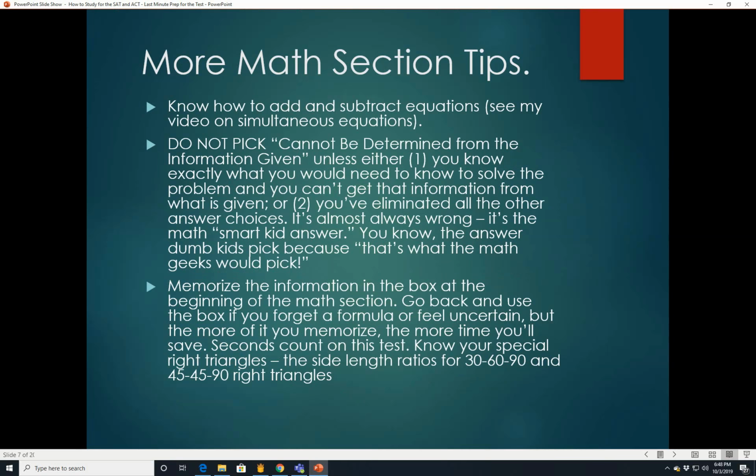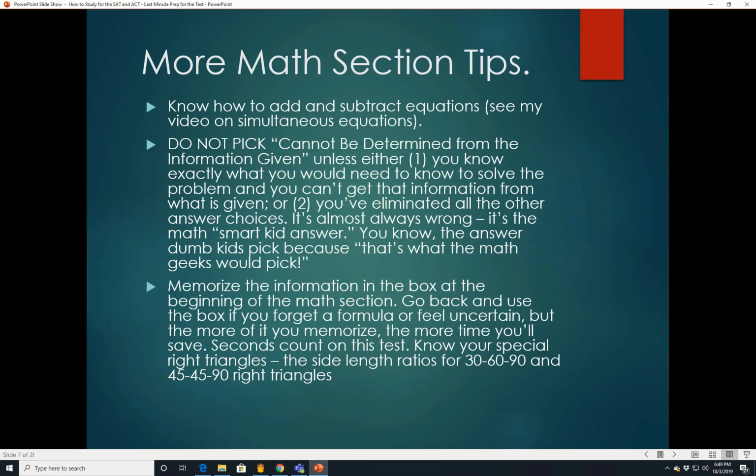More math section tips. Okay, know how to add and subtract equations. You can see my video on simultaneous equations. Do not pick "cannot be determined from the information given" unless either one, you know exactly what you would need to know to solve the problem and you can't get that information from what's given, or two, you've eliminated all the other answer choices. Other than that, it's almost always wrong.